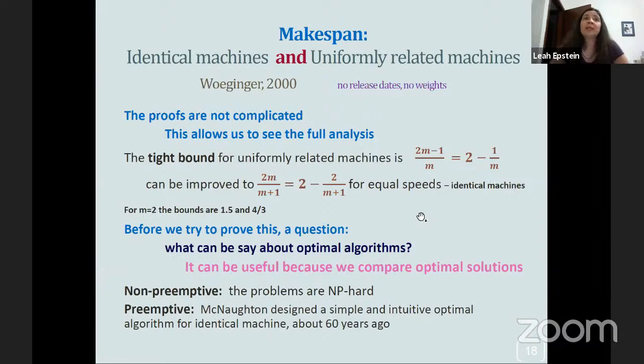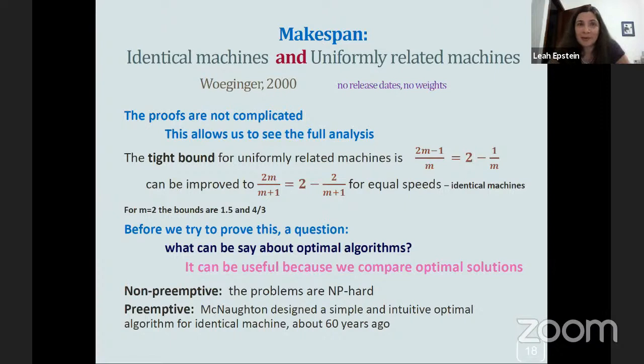But if we move to Makespan on multiple machines, things are not as easy. We skip the release dates. We don't even have weights, maybe because we are doing Makespan. But already it is not as trivial. The tight bound on what?